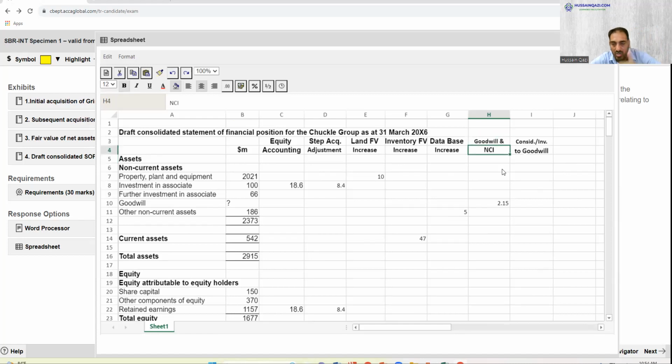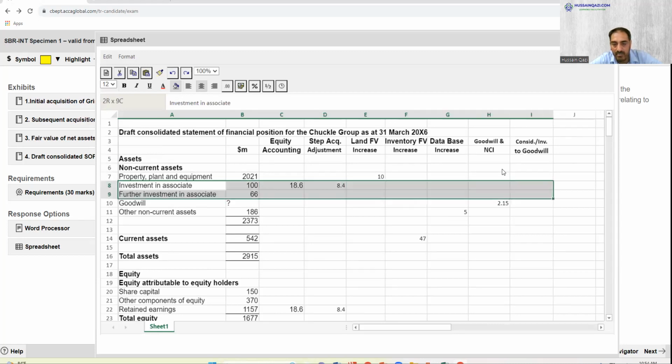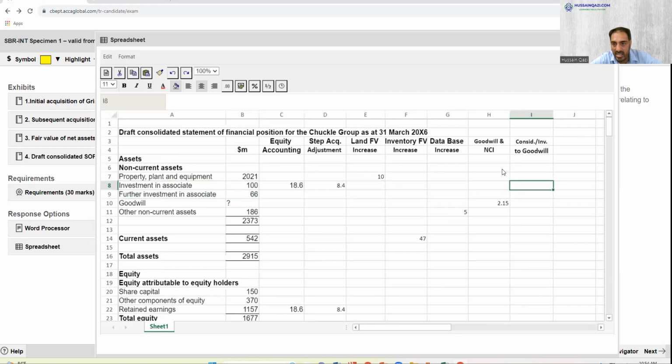These two are the cost of investment points. That should be closed, so minus 66 and minus 127.